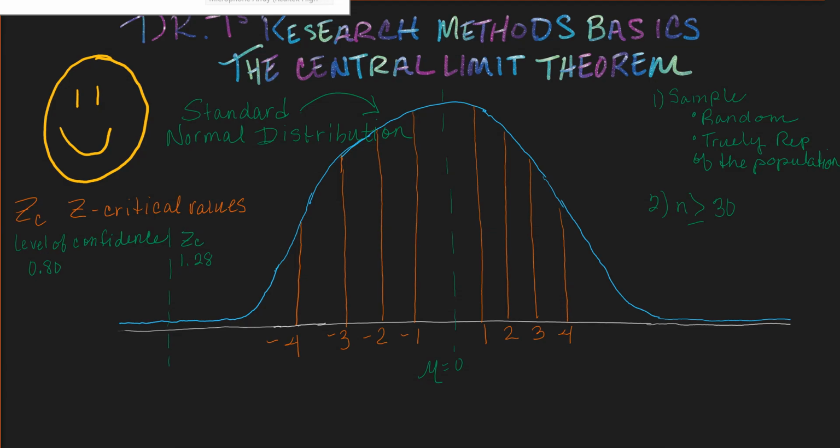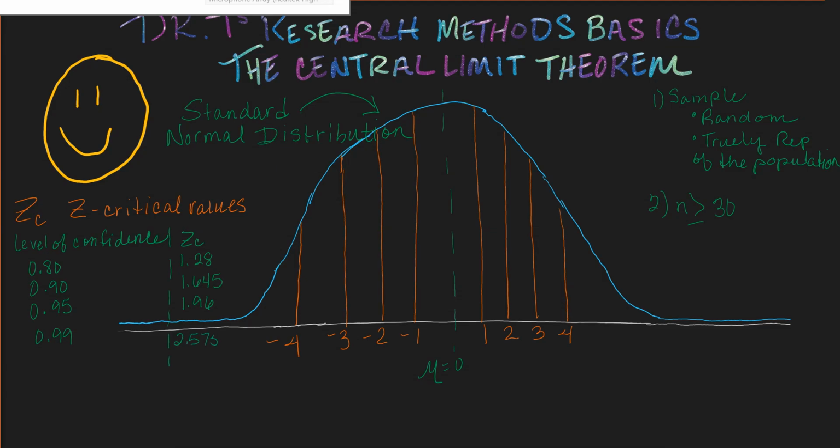If we want our level of confidence to be 90%, if we want to be 90% confident, then the z-critical value we use is 1.645. 95% is 1.96. And 99% is 2.575.